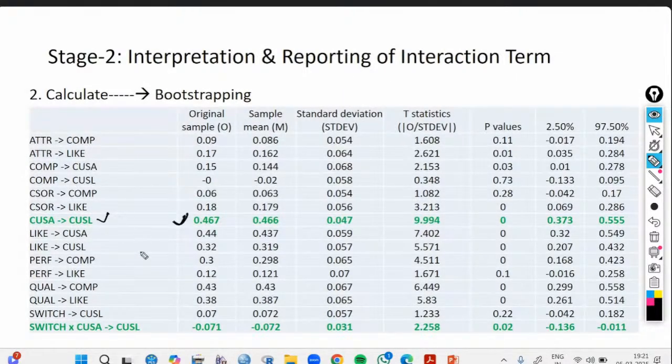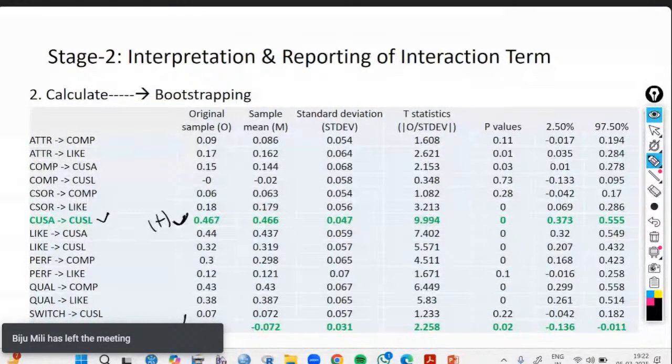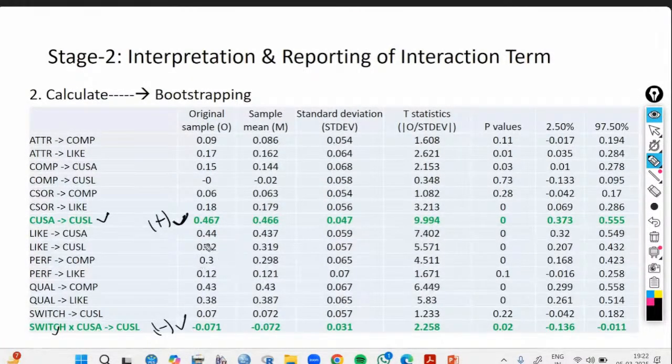But when we include the switching cost, the relationship decreases. Earlier it is very strong, 0.467, and earlier it is a positive relationship. Now when we include this, this relationship becomes negative. I told you a moderating variable can change the strength of the dependent and independent variables.